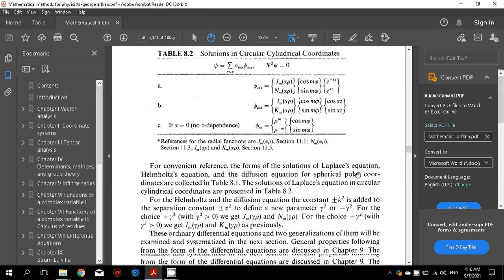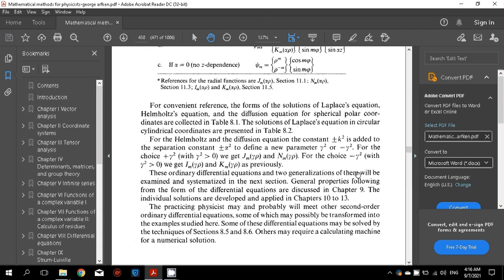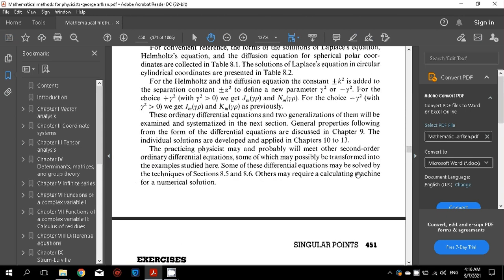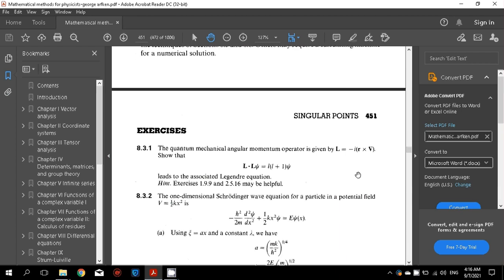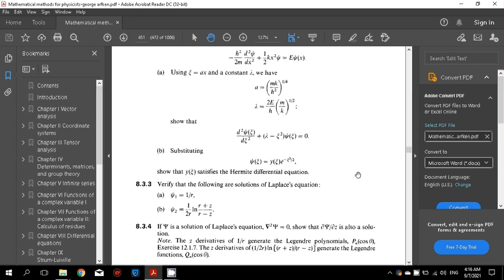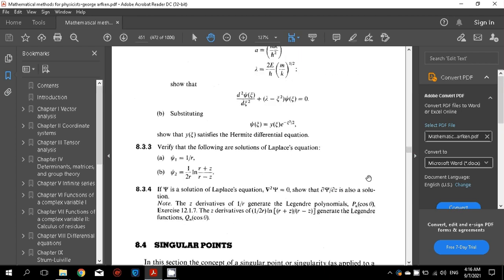So you must go through this page and particularly my handwritten notes to understand what I am saying here.